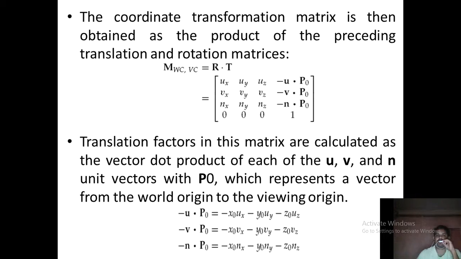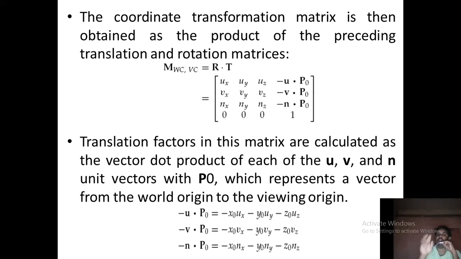The translation factors in this matrix are calculated as the vector dot product of each of the u, v and n unit vectors with p naught. P naught is the vector from the world origin to the viewing origin, which we derived in the last class.